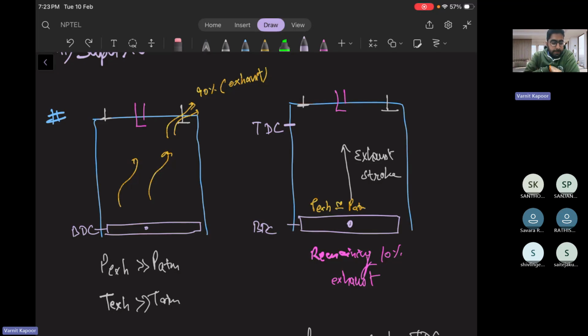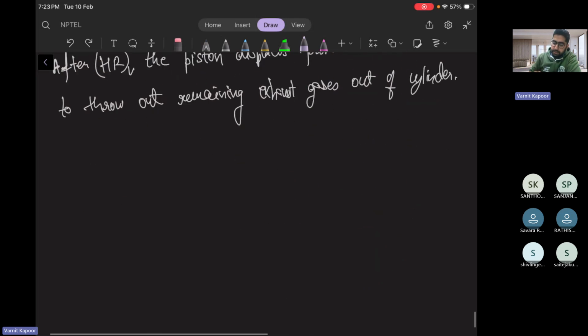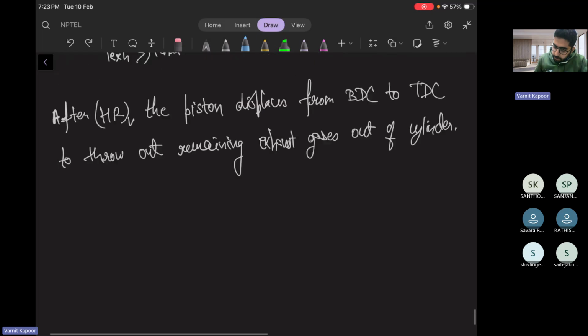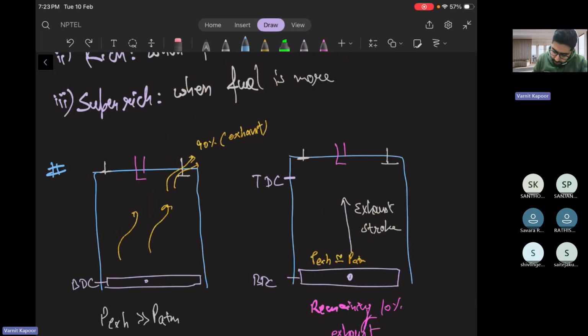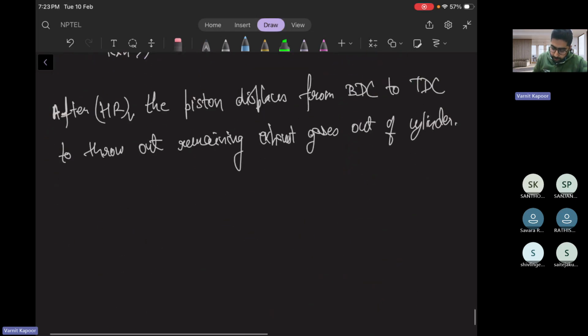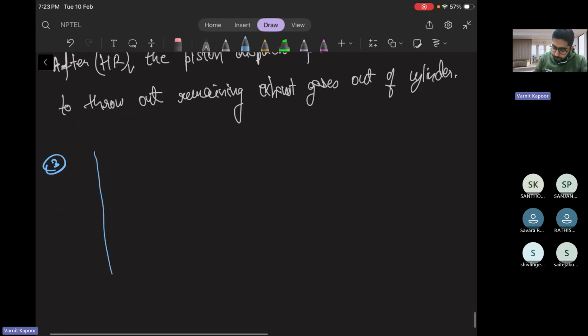So let me do it one by one, step by step. Let's give numbering. This was figure number 1 when the power stroke has happened. This is figure number 2 when the exhaust is going to start, and figure number 3 shows how the exhaust is going to start. So let us draw.